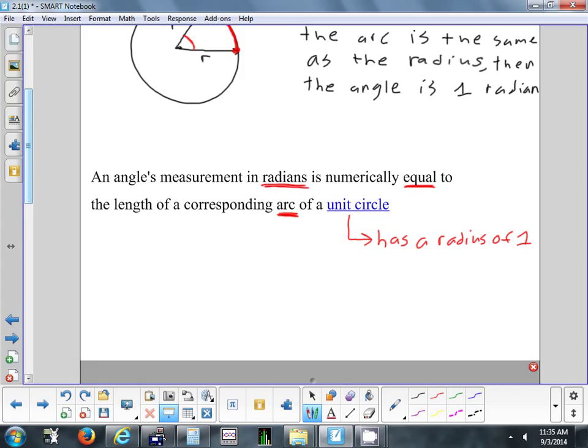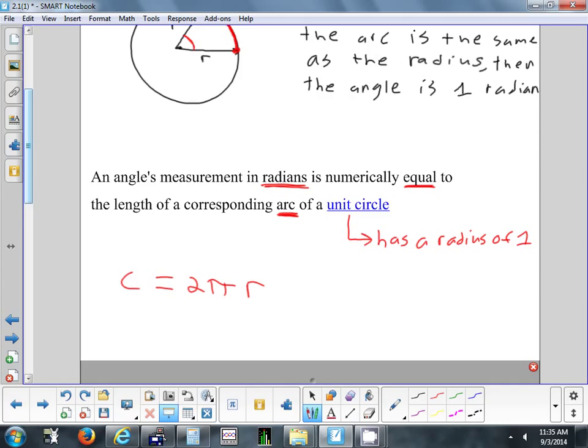So as long as we can figure out the circumference of a circle, it's automatically the same as how many radians are in that circle, because of this fact. So that's the key. We need to know the formula for the circumference of a circle. 2 pi r. Yep, 2 pi r.